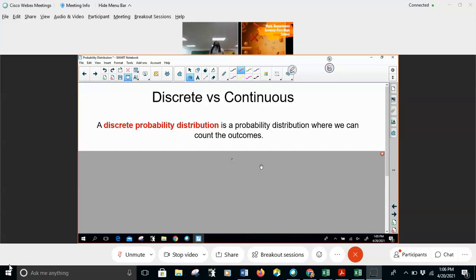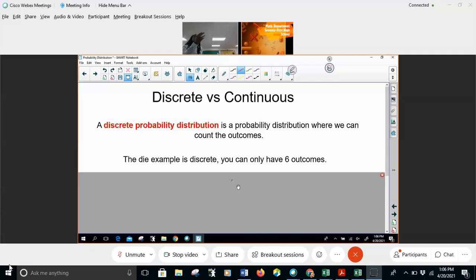So a discrete probability distribution is a probability distribution where we can count the outcomes. So you can count how many outcomes there are. If you can count them, it's discrete. For example, like that die example we just did, the single die is discrete because you only have 6 outcomes.